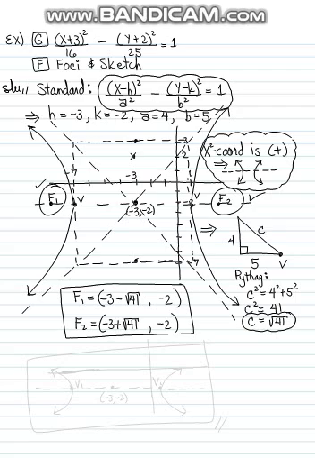And then the cleaned up version of the graph would look like this. We have our x, y axes. We have our center point here at the ordered pair -3, -2, and we have our foci, one over here, one over here. It's a really rough sketch because the more accurate sketch is above.